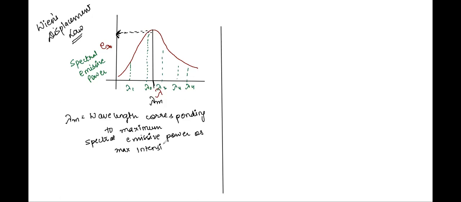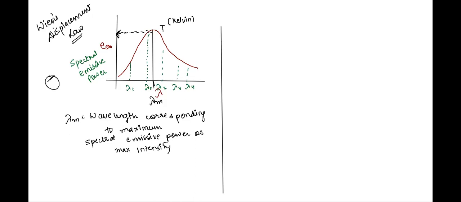That particular wavelength is called lambda m, right? So let's say the temperature at which this emission was taking place is T, in Kelvin, of course. This is the temperature at which this emission is taking place.